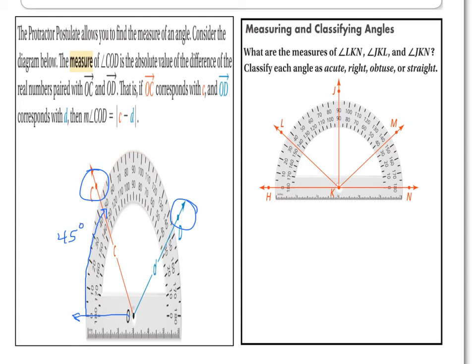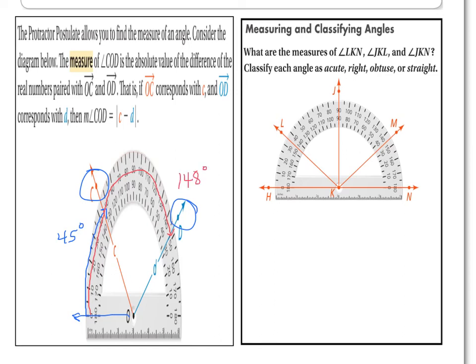And I want to be able to measure the distance between C and D. So I'm going to start here again, and I'm going to go all the way to D now with the red. If I go all the way to D, it's past 145, so we'll say it's about 148 degrees.